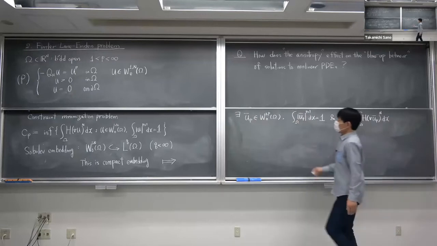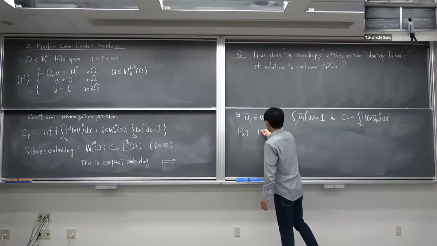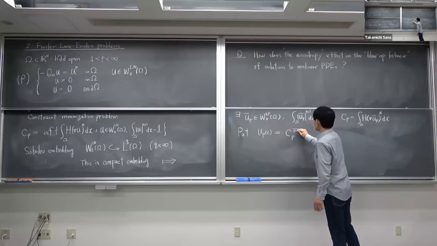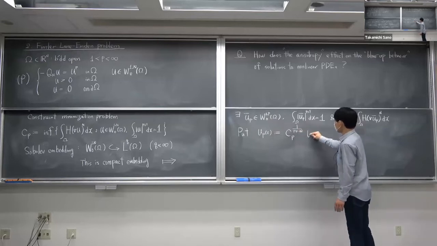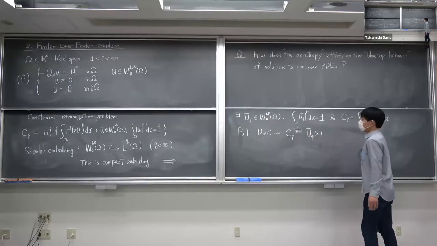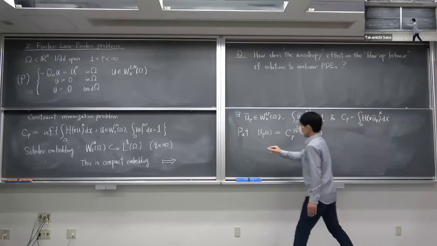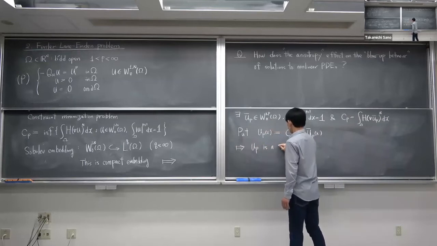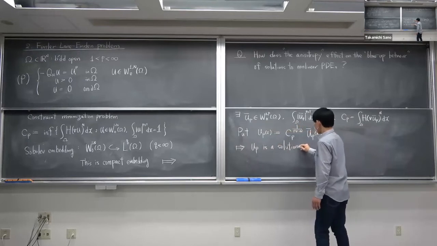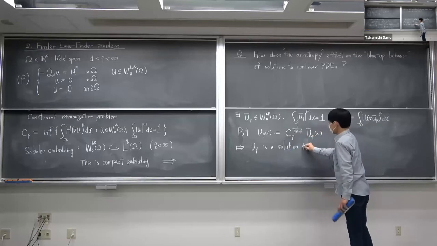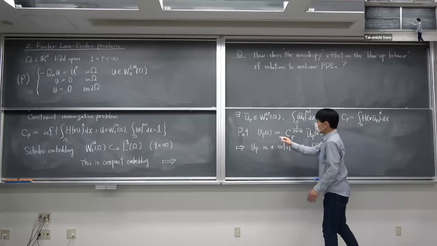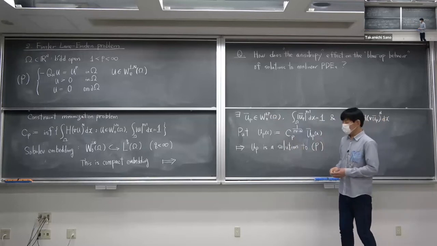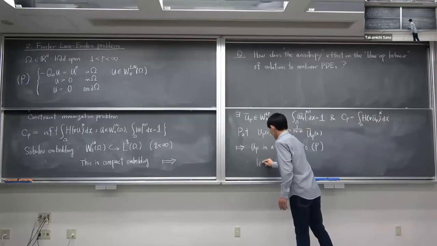If we put a new function u_p equal to C_p to the power 1 over (p+1-n), times u-bar_p, then u_p is a solution to our problem, solution to P. This solution is obtained by using the minimizer, so we call it the least energy solution. u_p is called the least energy solution.